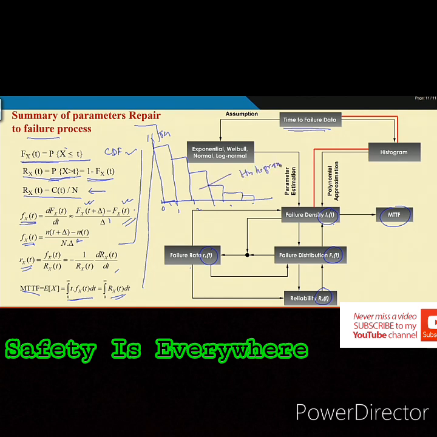What is the variable here, x or t? Time to failure. So, you arrange the times to failure in ascending order, then create intervals. Here we have created intervals of 1 unit of time, 0 to 1, 1 to 2 like this. Then you find out within 1 unit of time how many fail; this is the frequency.